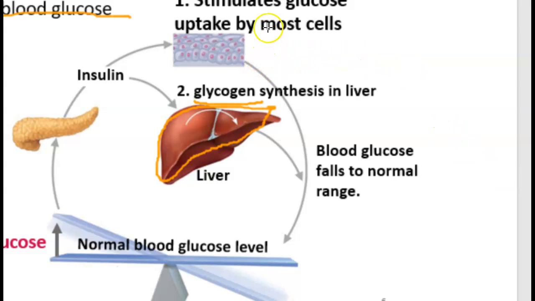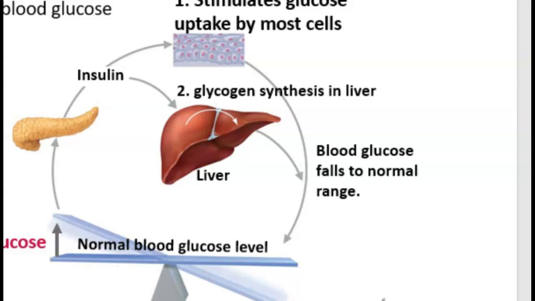In addition, insulin stimulates most of our cells to take up glucose as well. That means the glucose leaves the blood and is transported across cell membranes into these cells. Once the glucose is taken out of the blood and taken up by these other cells, then the blood glucose level drops down to a normal range.